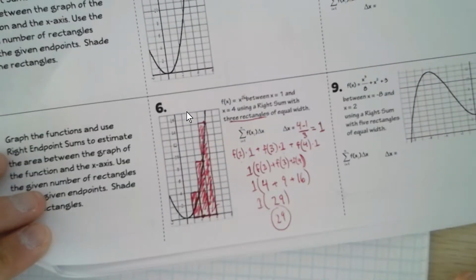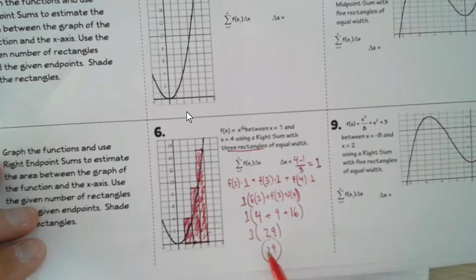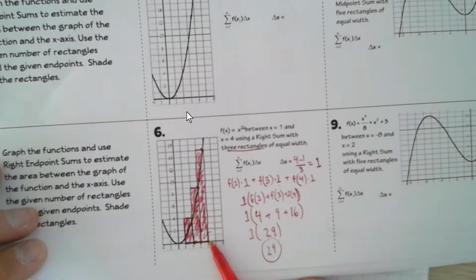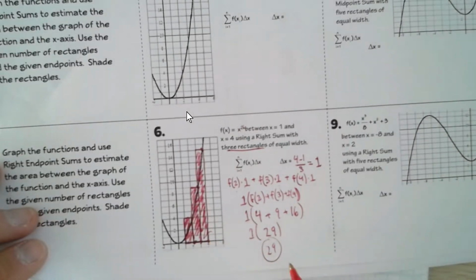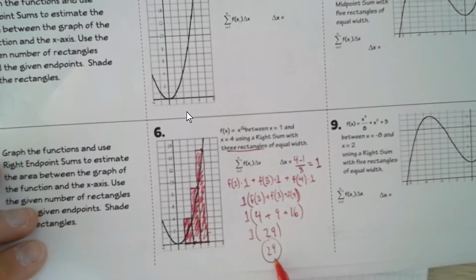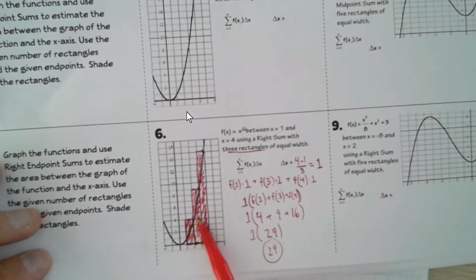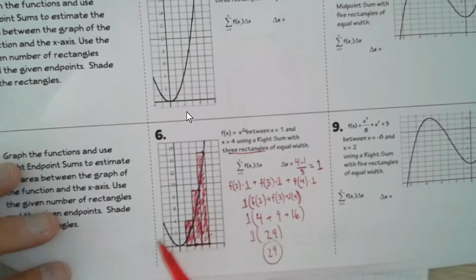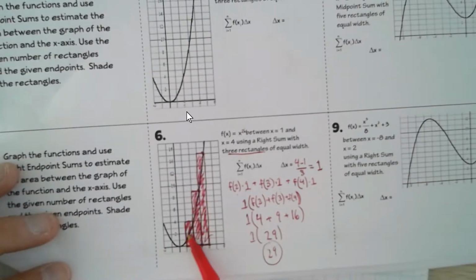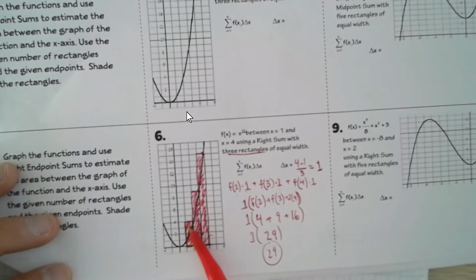As an estimate, this number here is an overestimate, because the rectangles I made clearly go over the curve, giving an overestimate of the area under the curve. In fact, these are areas that go over the curve.